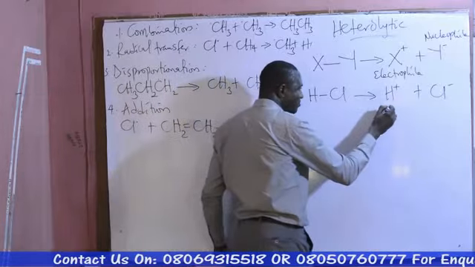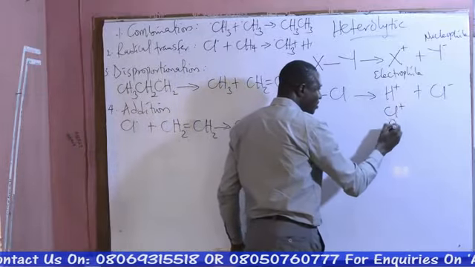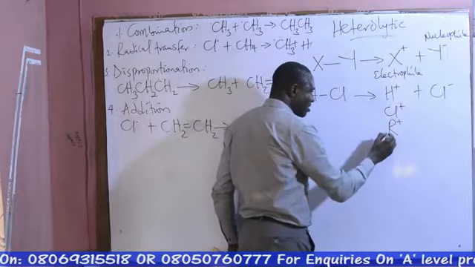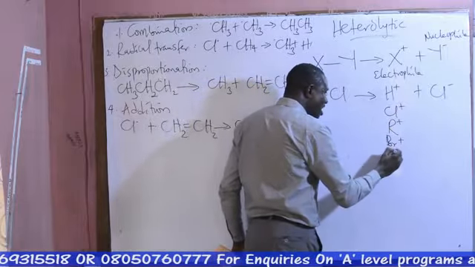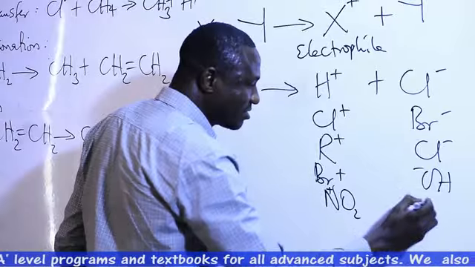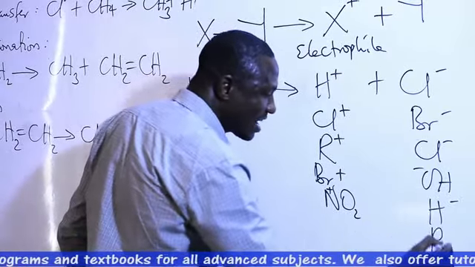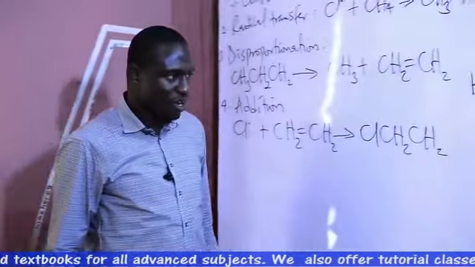Other electrophile examples, we have carbonium ion, you have alkyl carbonium ion, you have bromonium ion, you have nitronium ion, among others. While other examples of nucleophiles, we have bromide ion, chloride ion, hydroxide ion, hydride ion, alkyl carbanion, or carbanion to be precise.